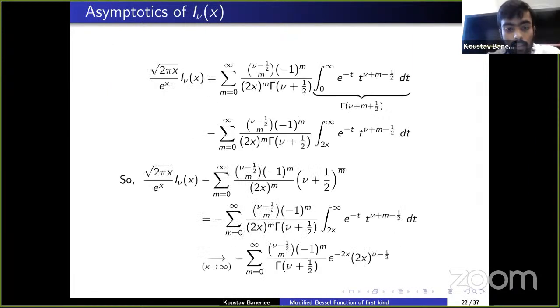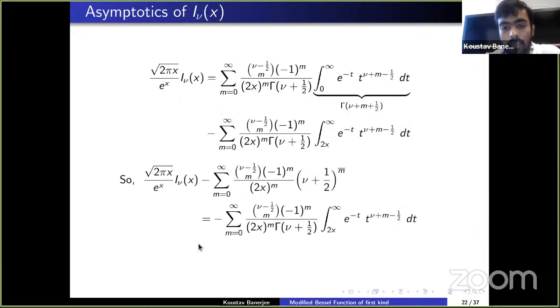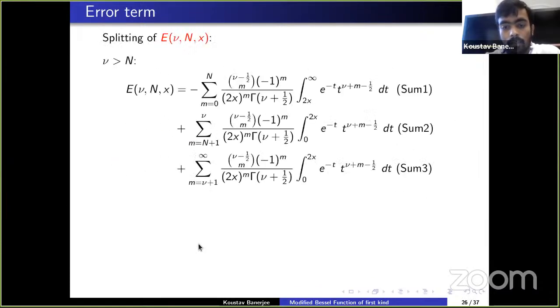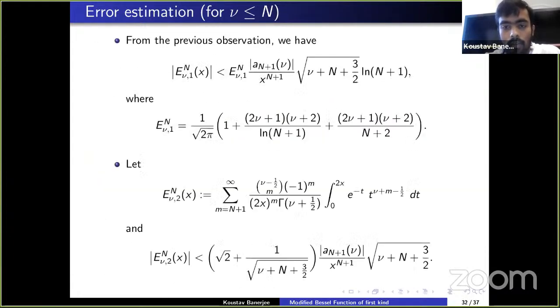If I see this expression e to the x divided by square root of 2 pi x, and replace nu by nu plus half, then this is a binomial. Then m from 0 to infinity is no longer valid because the binomial is 0 for m greater than nu, so m goes from 0 to nu. It is much simpler than the integral order.